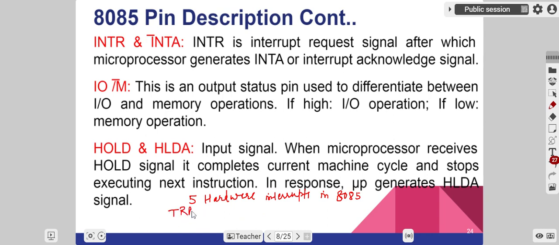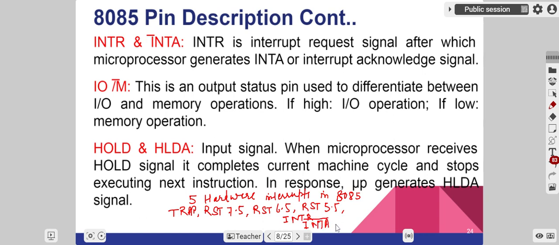First is called TRAP, second is called RST 7.5, which is abbreviated as restart 7.5. Then RST 6.5, RST 5.5, and the last is called INTR. In acknowledgement of these interrupts, the microprocessor will generate one signal which is called INTA bar.